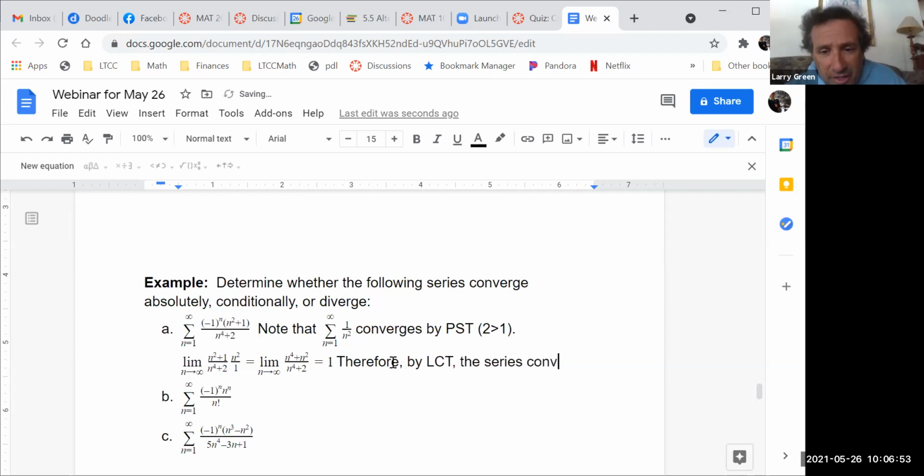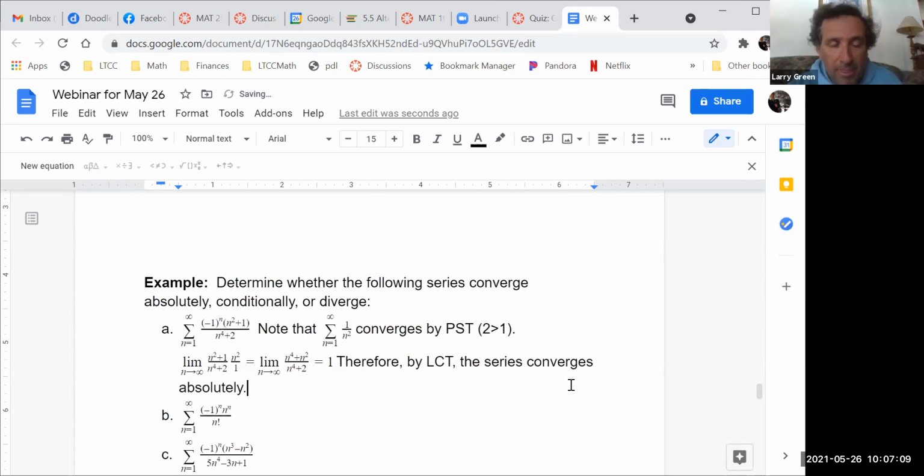It converges. Notice, though, it's even better than that, because we took an absolute value when we got convergence, right? I ignored the (-1)^n. So I can say it converges absolutely. Any questions on that?